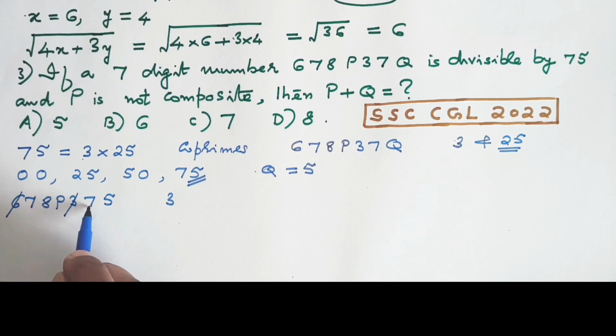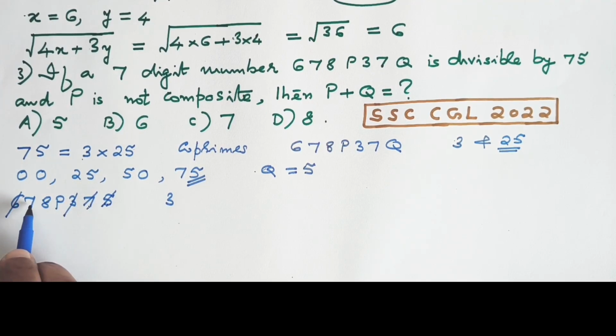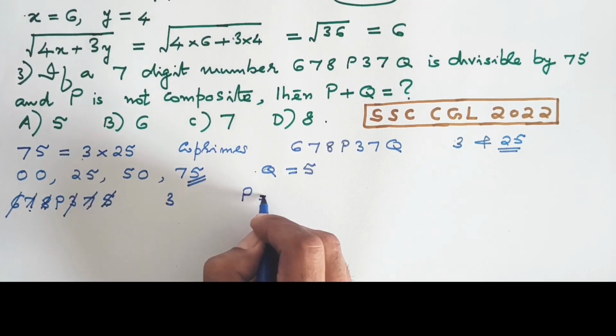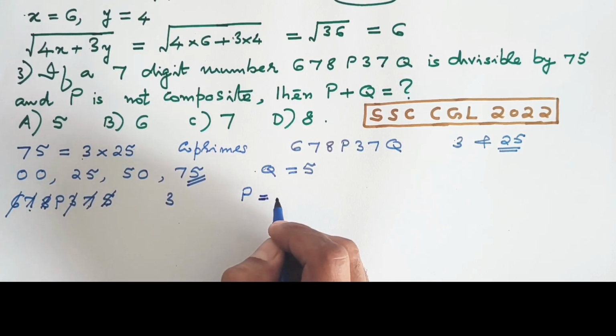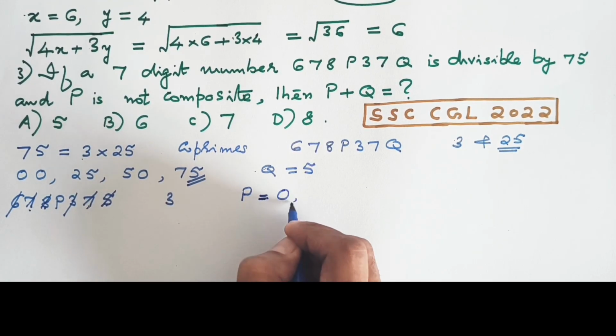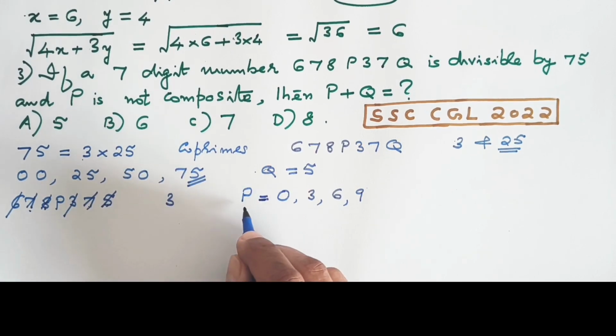See, if you sum these two, 7 and 5, you get 12, which is a multiple of 3. So these two removed. Then you have again 7 and 8, which is 15. So that also you can remove. You are left with P. So P has to be a multiple of 3 as per the test of divisibility by 3, for which either 0, 3, 6, 9. These are the 4 possible values for P.